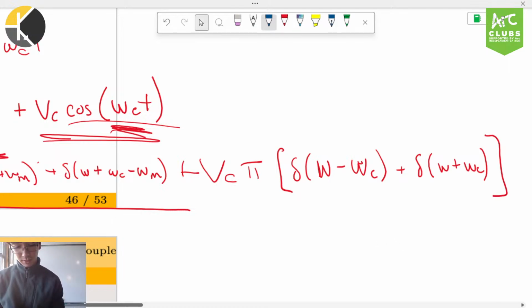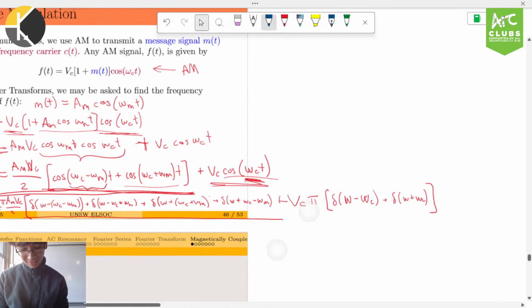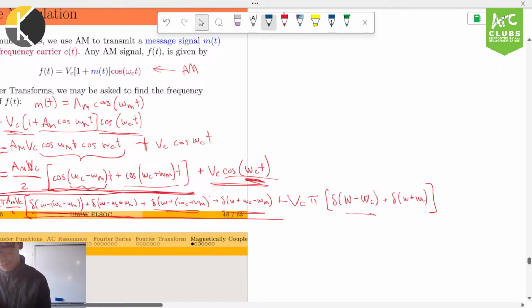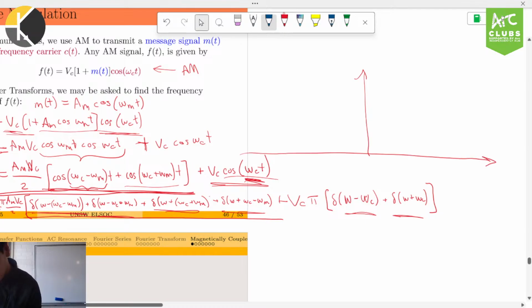Cool. So that is a massive mess, but you can see that we have 1, 2, 3, 4, 5, and 6 peaks. When we plot that, omega c is much larger than omega m. So I'm going to plot these first.